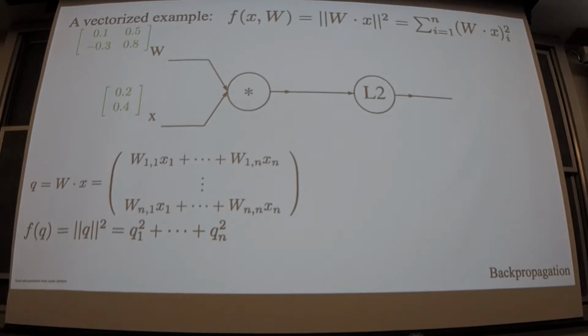And we'd have a W that would be in matrix format like this. We have an x that would be in vector format like this. We have a matrix-vector operation. That's what that first node would be, and then we would apply the L2 norm, the square of that anyways.